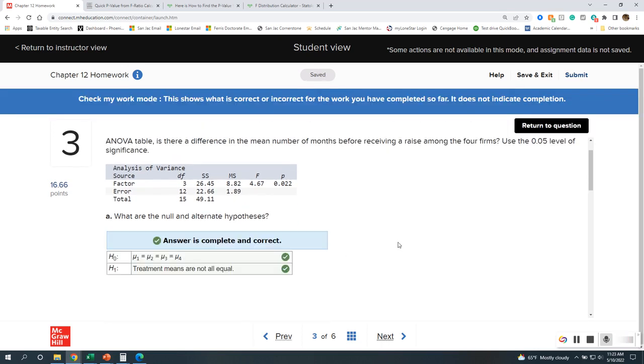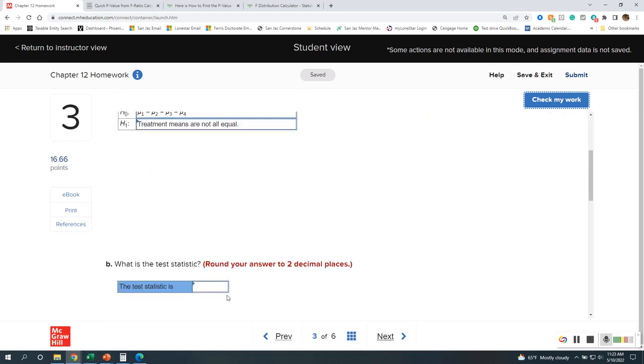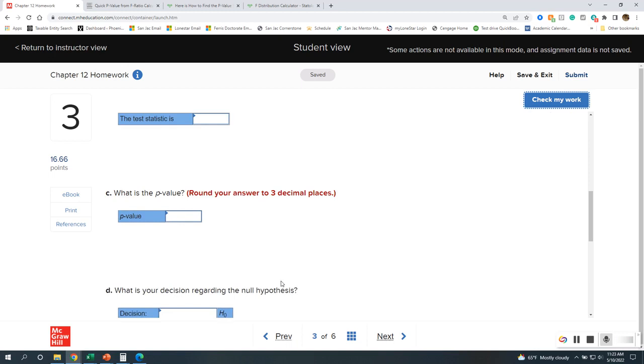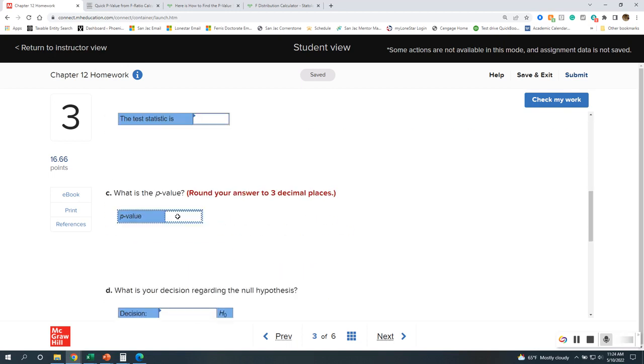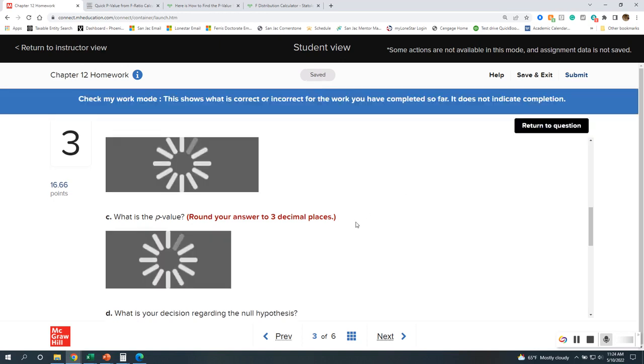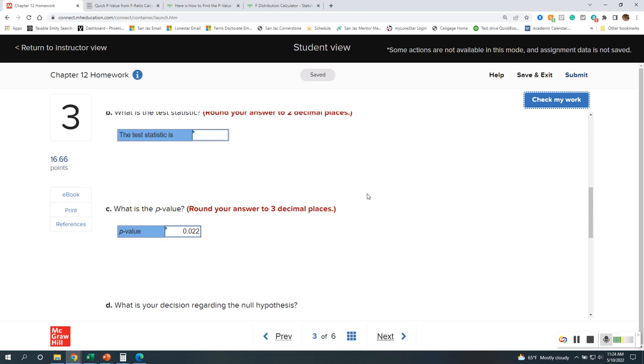Again, check. Alright, what is the test statistic? Here's our p-value, 0.022. See, I love ANOVA tables right now because they're the easiest way of figuring out the p-value, the one that's been stumping us for a while.